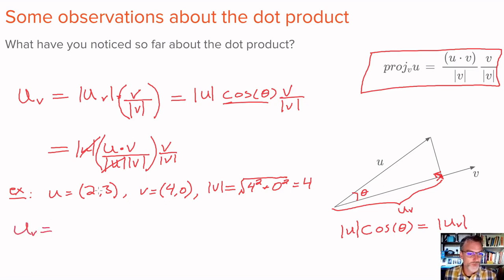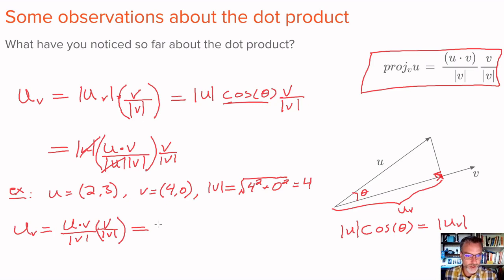That's going to be u dotted with v over the length of v, multiplied by, you can see there's problems between the dot product and writing multiplication as a dot. The dot product's usually a bigger dot than multiplication, but sometimes it can get a little confusing. Anyhow, let's do the dot product.